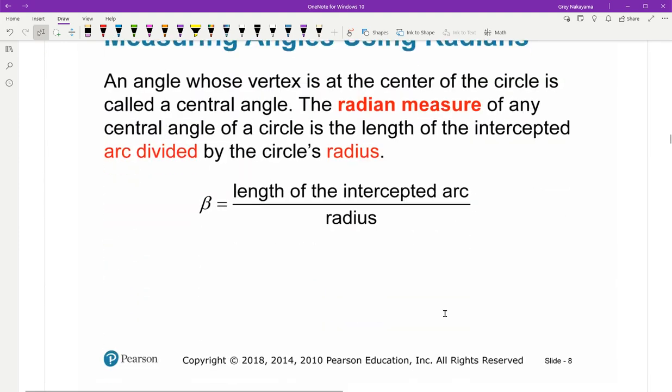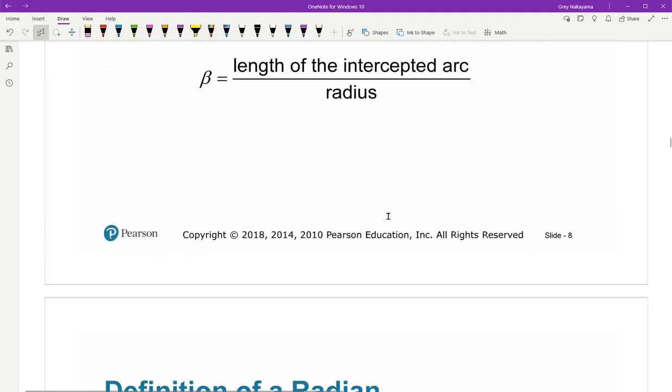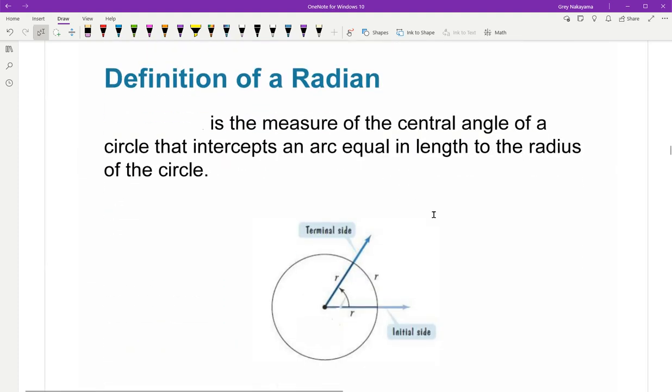Okay, radians allow us to keep our units smaller because the definition of a radian is when the length of the arc is the same as the radius of the circle, then we say that the measure of that central angle is 1 radian.